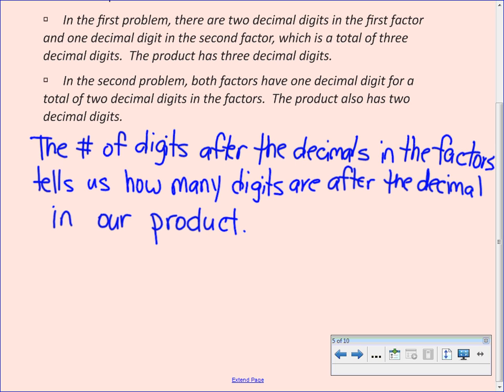So the number of digits after the decimals in the factors tells us how many digits after the decimal in our product. Okay, and this is what you should be writing in the box on the bottom of your note page.